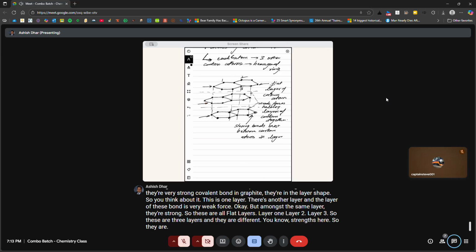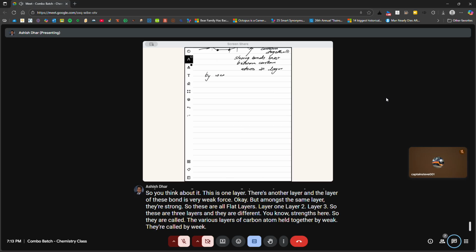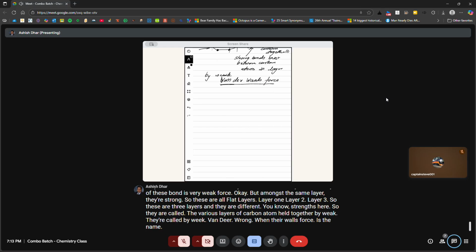So they are called the various layers of carbon atoms held together by weak Van der Waals forces. Van der Waals force is the name.